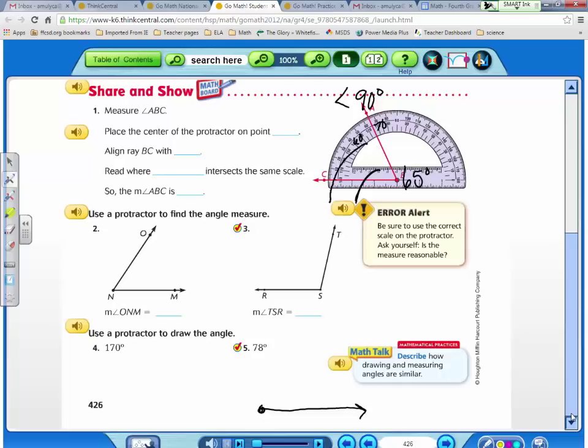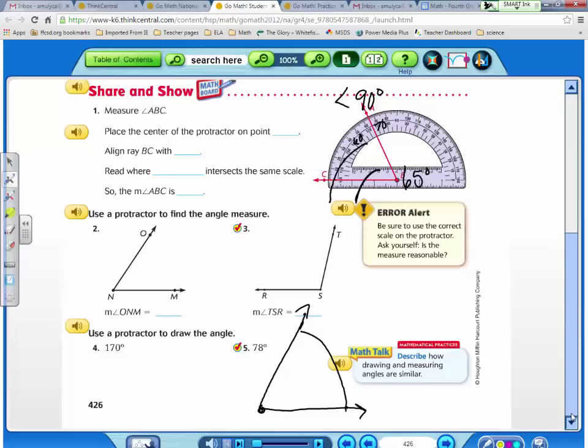Now I would place on here my protractor and I would measure up 78 degrees. And if I think about that, that's going to be less than a 90 degree angle. So I don't have my protractor function working here, unfortunately, but it's going to be about here. So I'd put a mark on my protractor there, and I'd use the straight edge to connect the two, and I would make that a ray. So this is about 78 degrees for my angle.